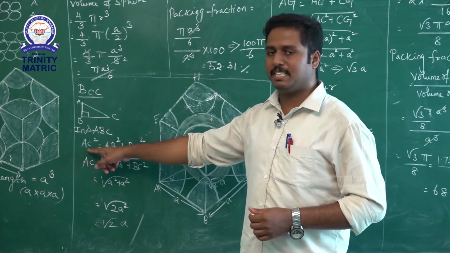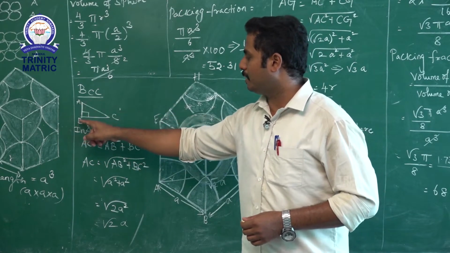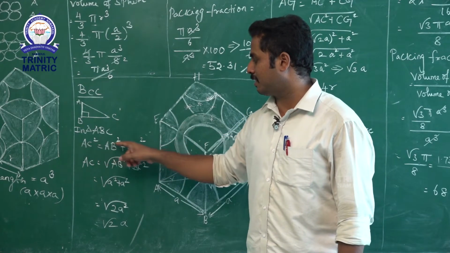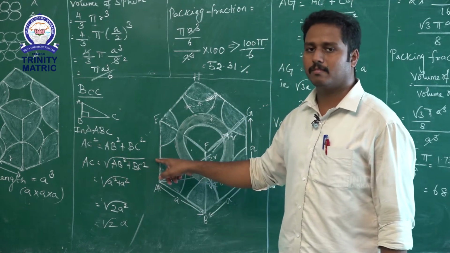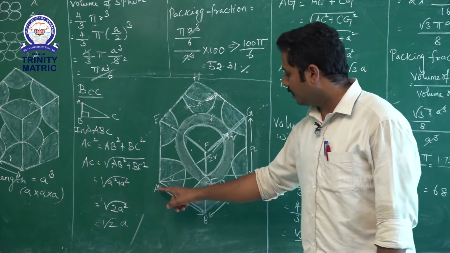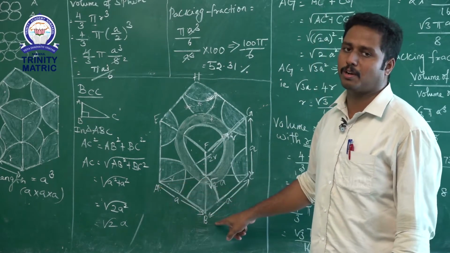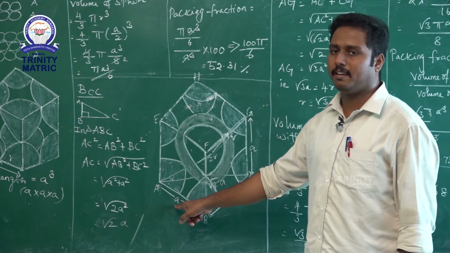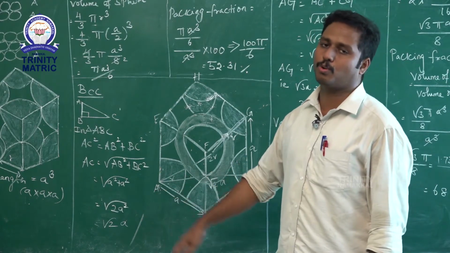So AC square is equal to AB square plus BC square. Then AC is the square root on the right side. Then AB square, what is meant by AB? It is the side, the edge length. What is the edge length? A. So AB is equal to a, so AB square should be considered as a square.